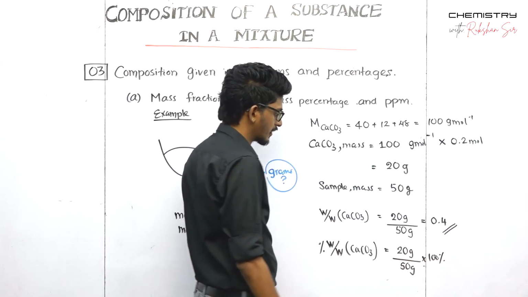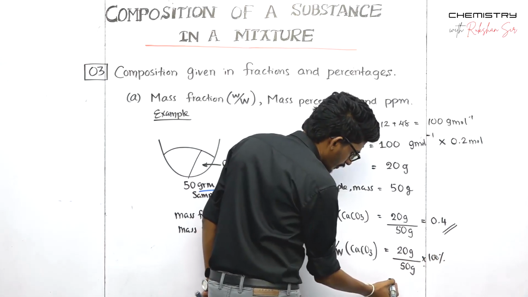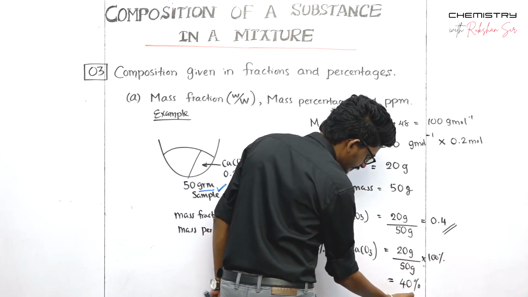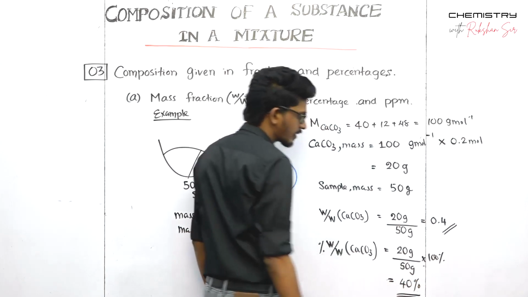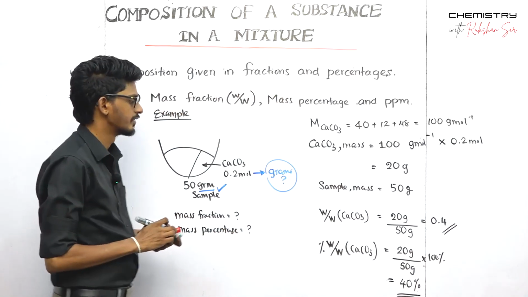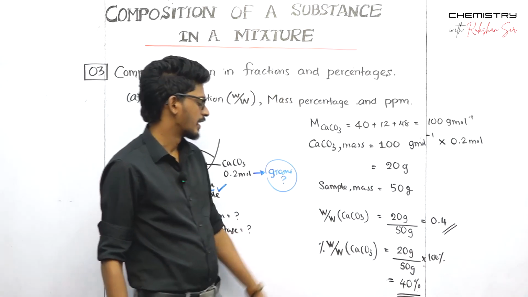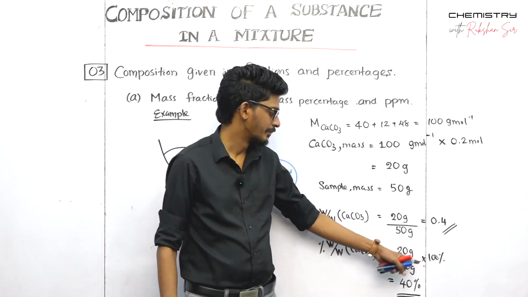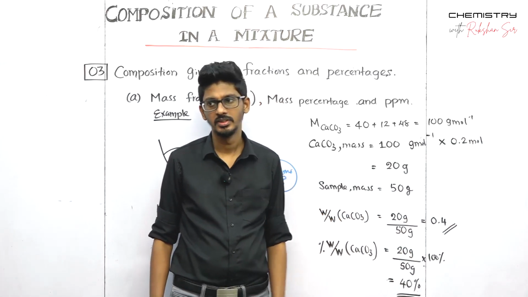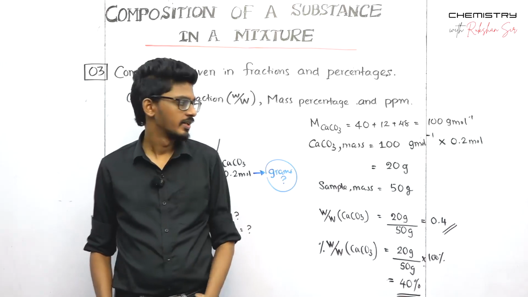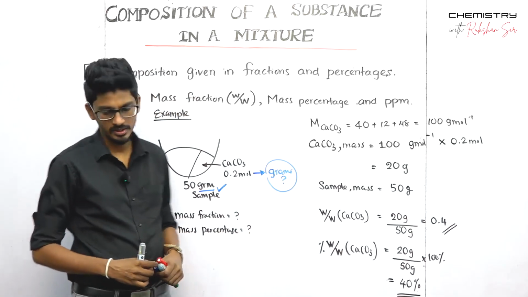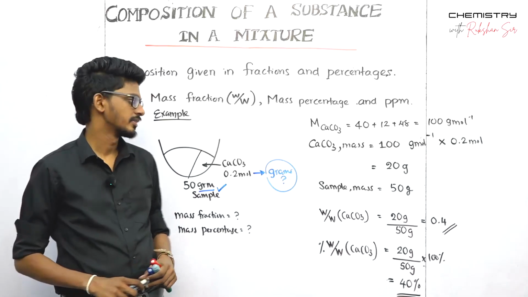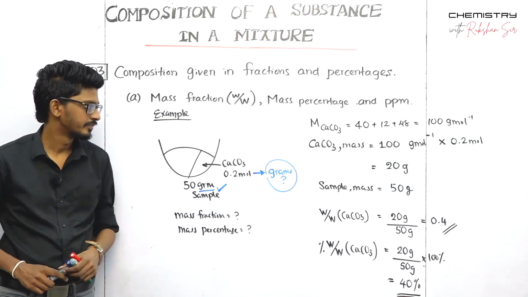So it is going to be 40%. That is how we are supposed to calculate the mass fraction as well as the mass percentage. No unit appears with those numbers. So this is the example at page number 8. Just complete that.